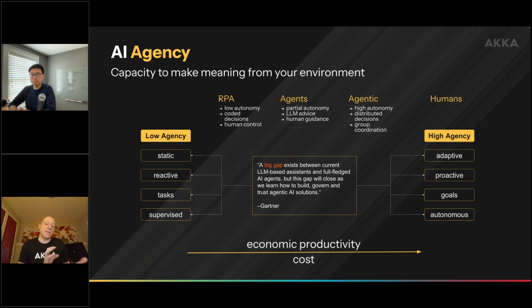And I think the key distinction of that was that the decision criteria was coded. It was deterministic, if you will, and it was a structured rule set. And with agents, particularly single agent systems, they're using LLMs to get advice, and they probably interact with humans for human input and guidance in what we would call an enrichment loop.